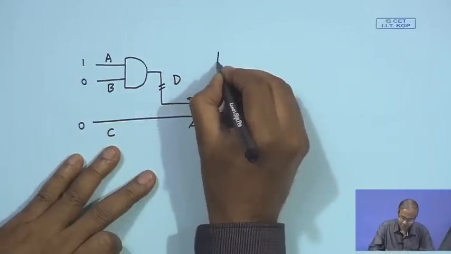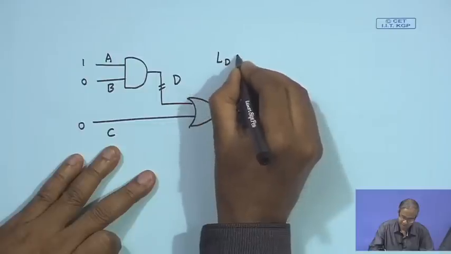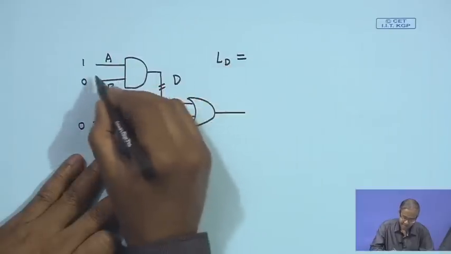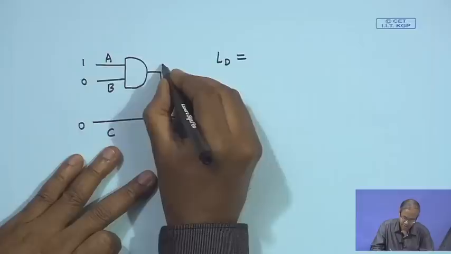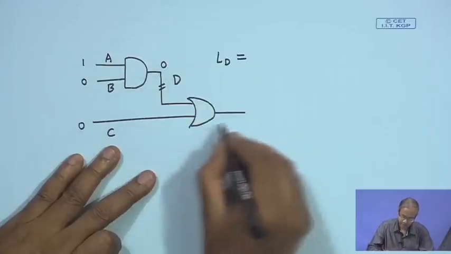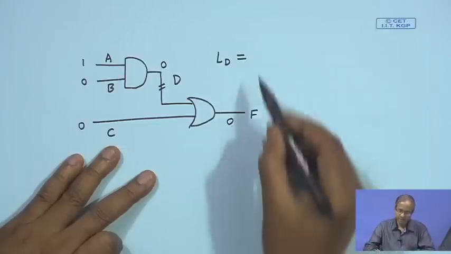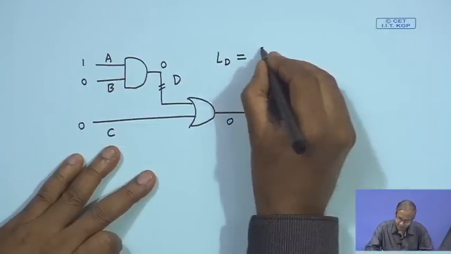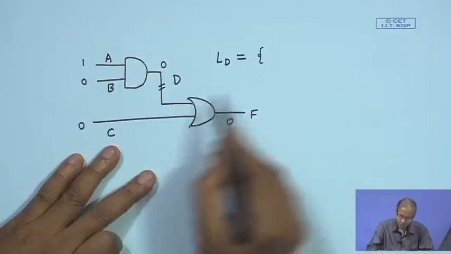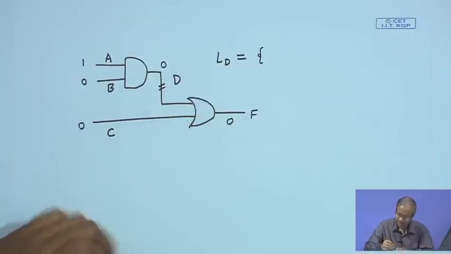So, when I talk about the fault list of line D, see D, this is 1 0. So, the fault free value of D is 0 and the fault free value of the output F is also 0. Now, L D will contain the set of all faults which will change the value of the line D.